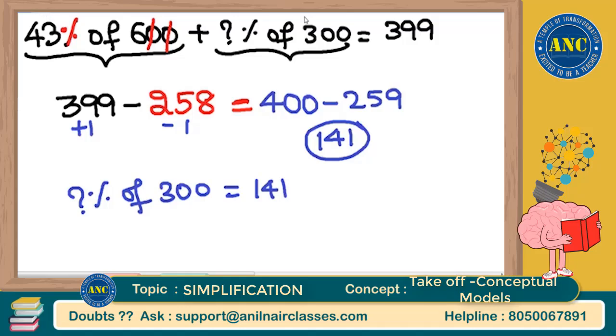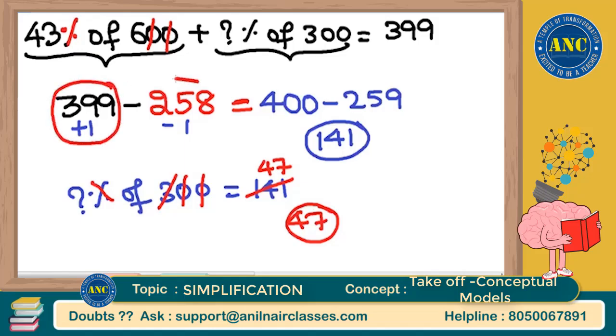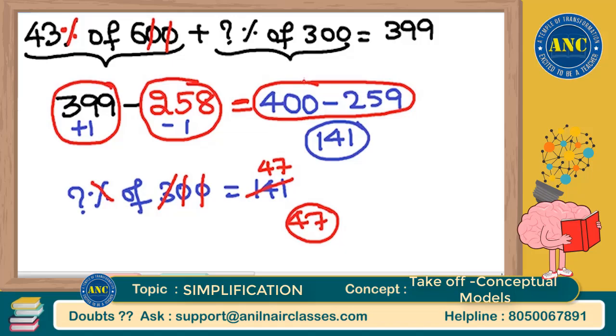Again, percentage will cancel out with 2 zeros. 3 into 47. Question mark is 47. This is something which I want to teach you in almost all the problems. Make it a fancy number so that you are reducing the complexity of simplification. Answer for this question is 47.